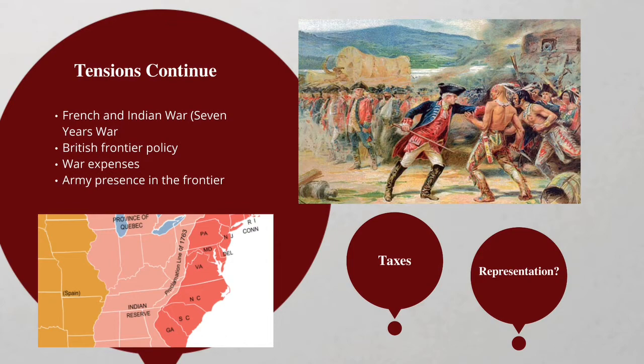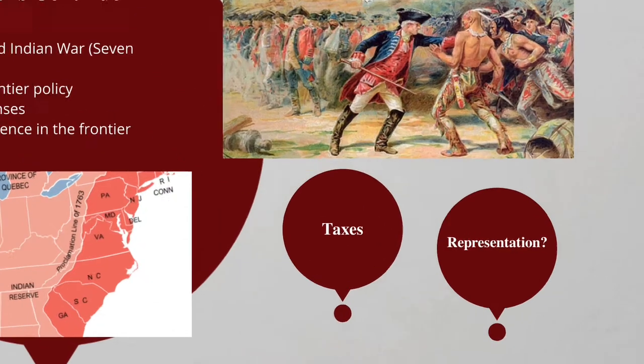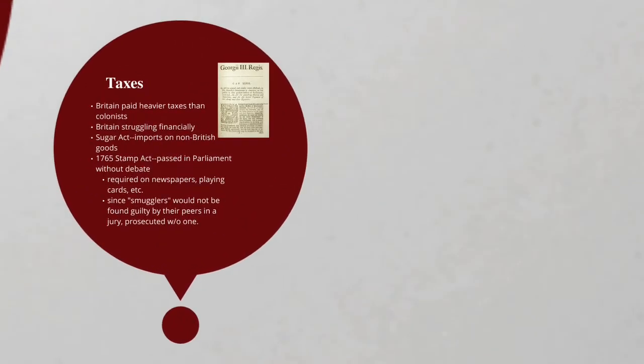So then in 1764, it passed the Sugar Act, which placed customs duties on sugar and any other items that were non-British. So basically, it made the other items too expensive. So colonists were kind of forced to buy British products due to the cost.